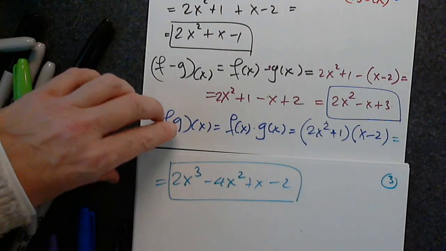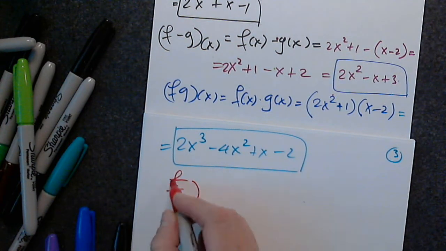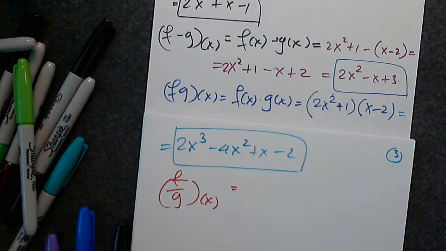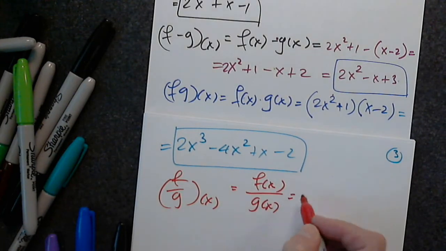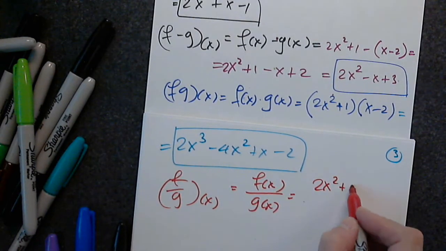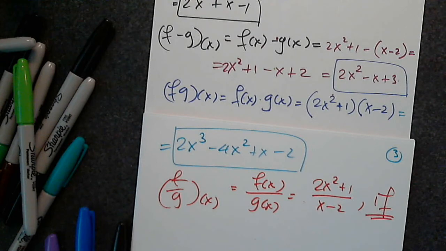Finally, we get to the ratio. So let's take a look. f over g of x. By definition, this is f of x over g of x. I copy 2x squared plus 1 over x minus 2. And I have to have an if. And we discussed that some time ago with rational equations and so many other types of expressions that are rational.